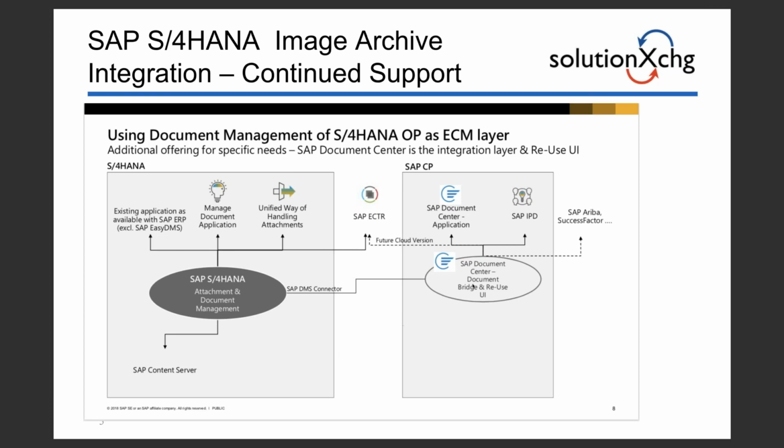And through the document center, document bridge, and reuse, and an SAP DMS connector, even through other SAP applications, an SAP Cloud Platform application can reach your ArchiveLink enabled archive here at the bottom.